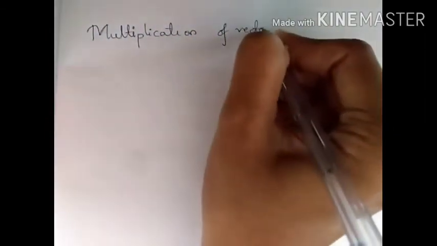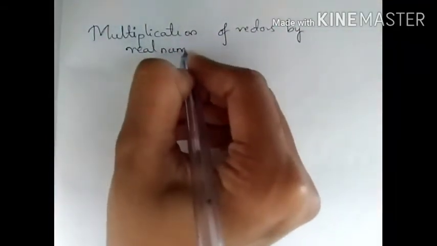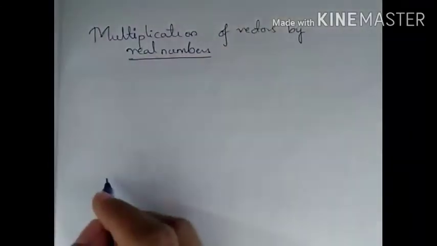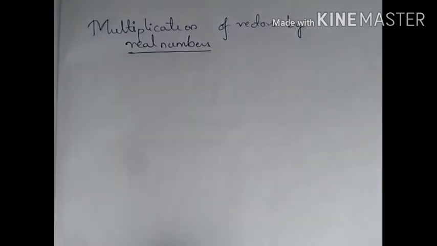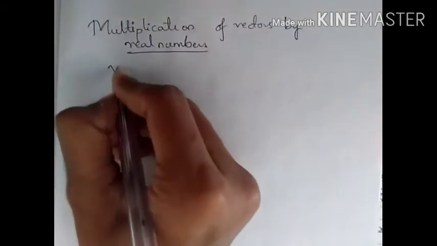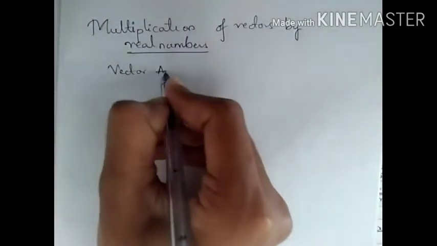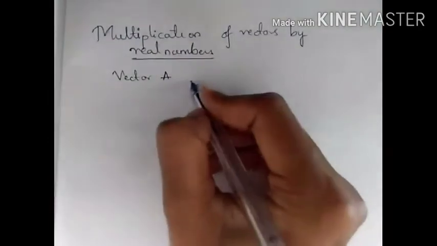So the next concept is multiplication of vectors by real numbers. So now if you have a vector A, and there is a positive number lambda.